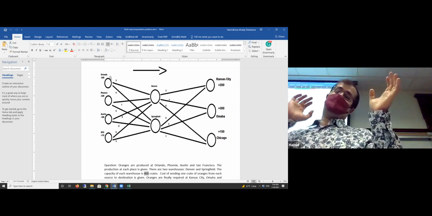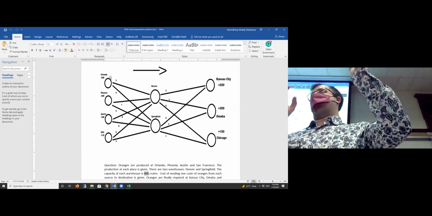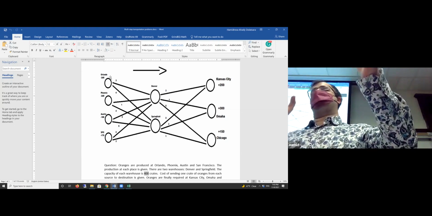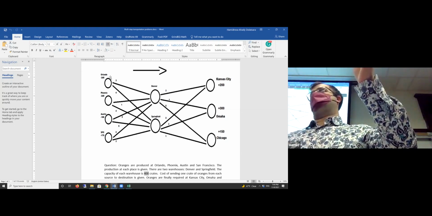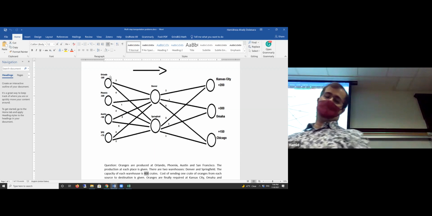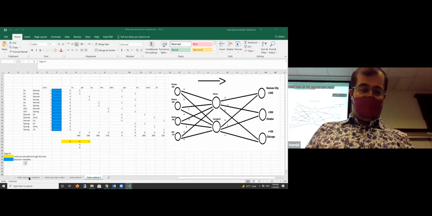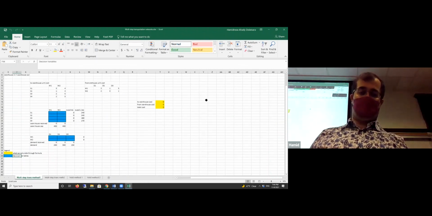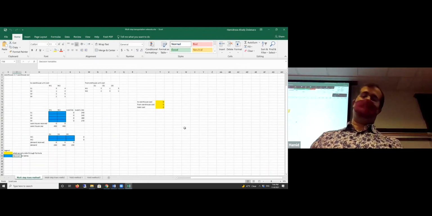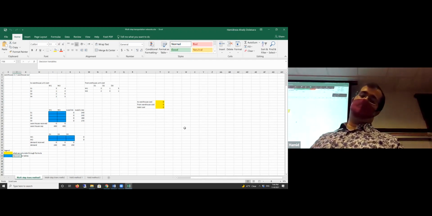You can have a table to take care of everything from origin to warehouse, another table to take care of everything from warehouse to destinations. Okay, having said that, open the Excel file, go to the first page. I know it might look a little weird, but that is how I did it.